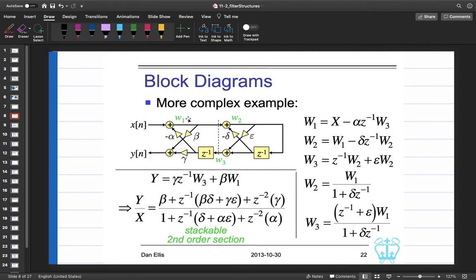So basically y upon x comes out to be this term, and this term is a division. The numerator is a second degree polynomial. Denominator is also a second degree polynomial. Okay, so means two poles and two zeros.